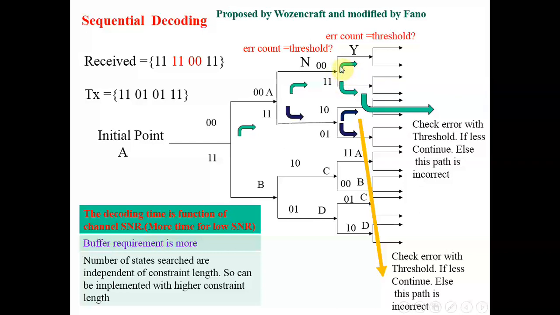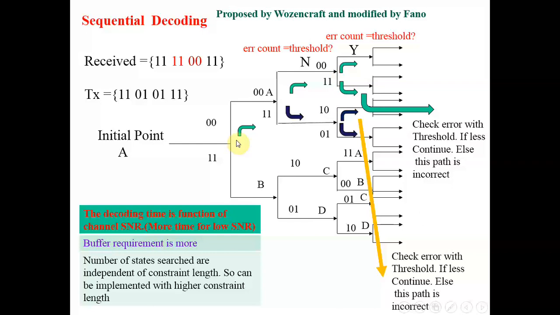Imagine again I follow this particular path and I update my error count. If the error count is equal to the threshold, that means this decision is incorrect, and I need to come back here and follow the second path. The moment the error count hits the threshold, we need to revert the decision and come back to the previous point from where we took the diversion.